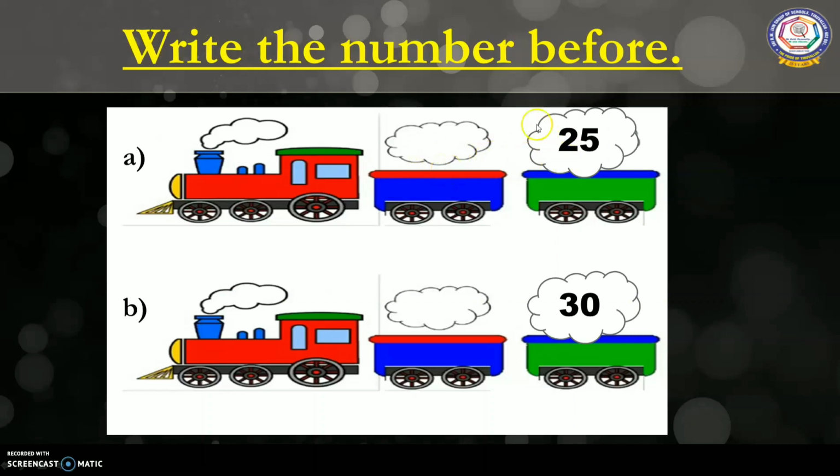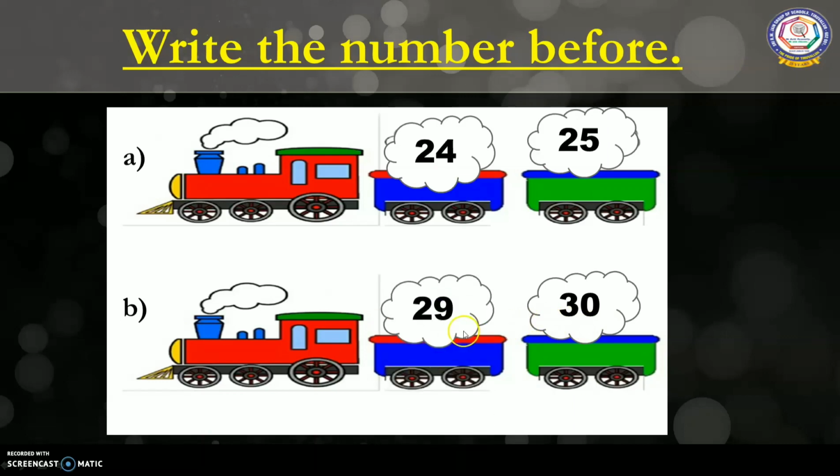The number that comes before 25 is 24. B sum, dash 30. The number that comes before 30 is 29. Yes, very good.